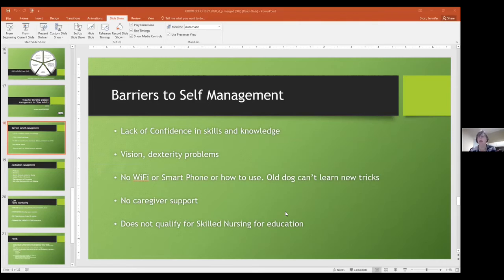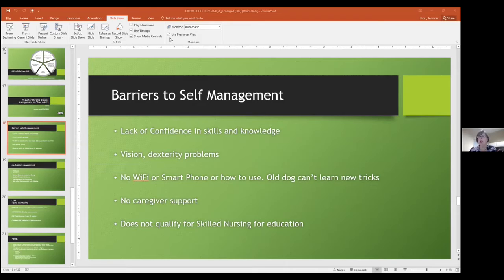At this time, they may have some vision and dexterity problems, especially if they have diabetic macular degeneration, diabetic retinopathy, or arthritis with dexterity problems.